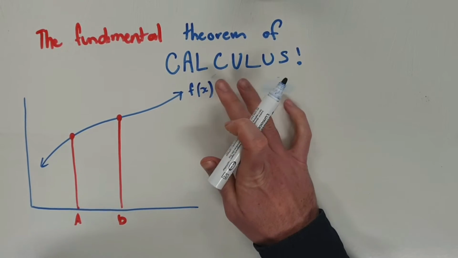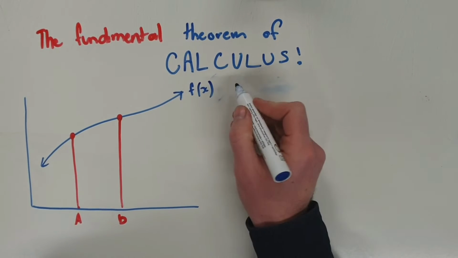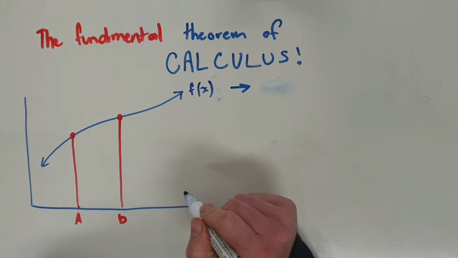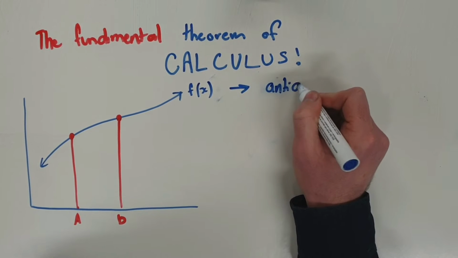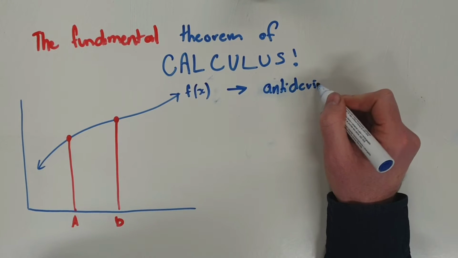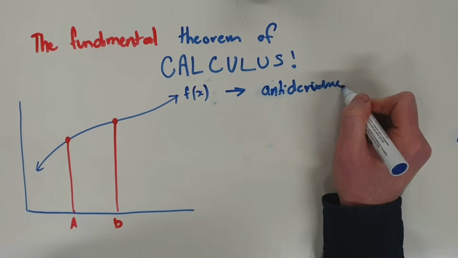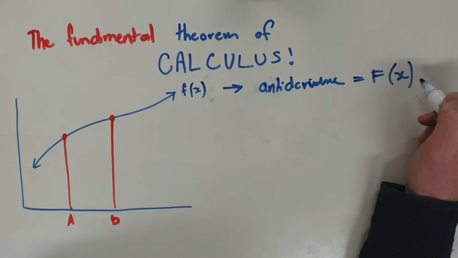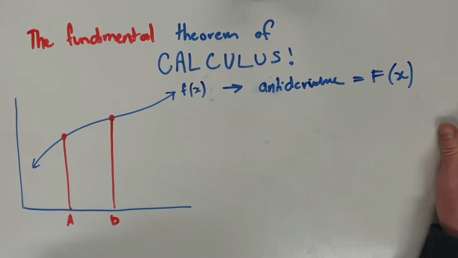So that's an aside. So we have this continuous function, and we know that for this function the antiderivative exists. Okay, so the antiderivative is equal to capital F of x. So we're making the assumption that that exists.